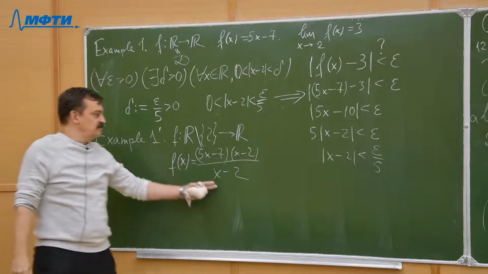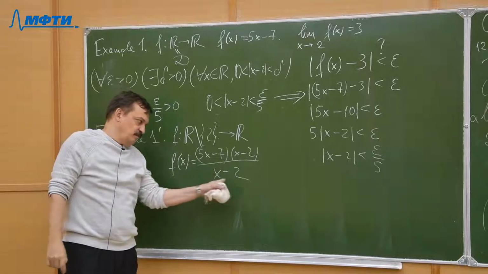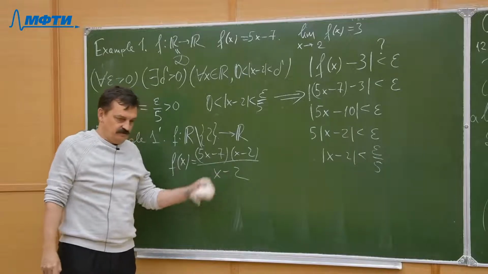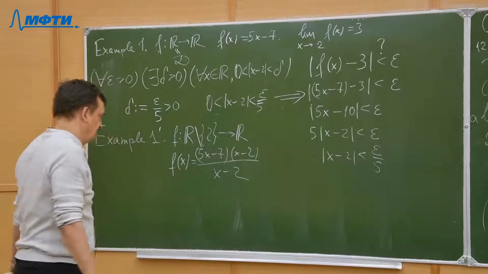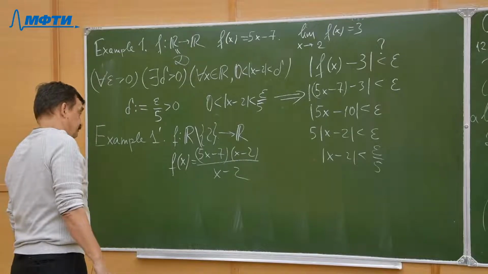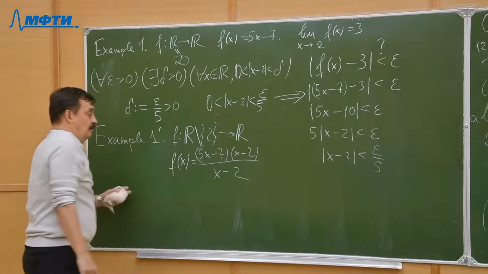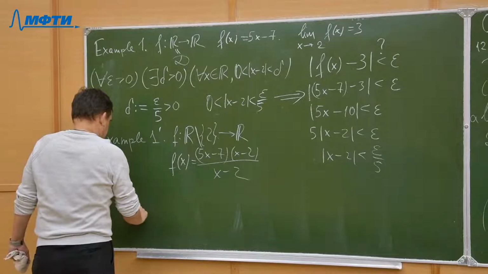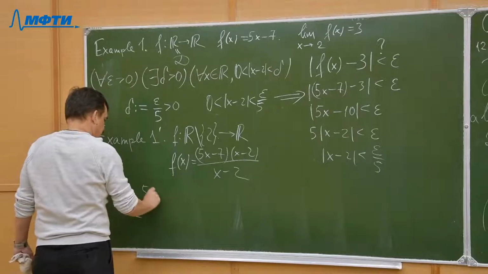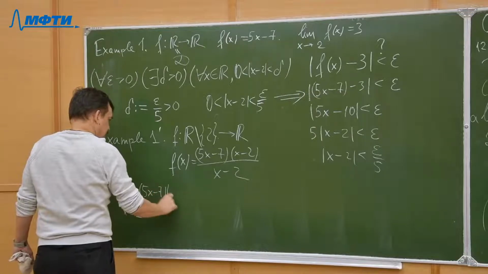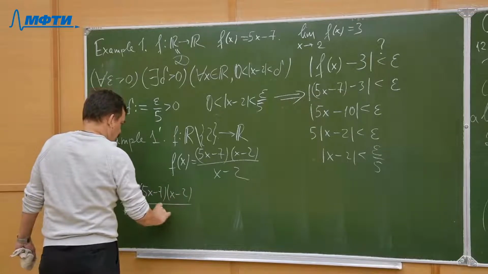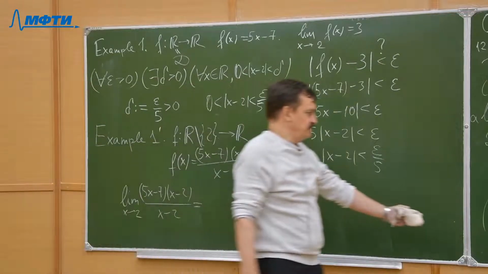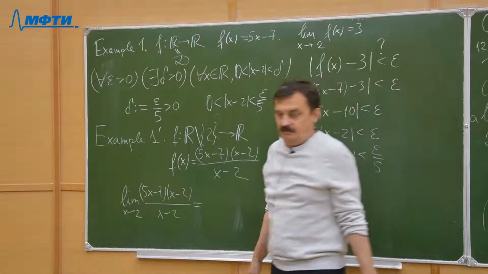Now the function is not defined at the point 2 because we have 0 in the denominator. But how can we compute the limit? And that is why this epsilon delta language appeared, in fact.